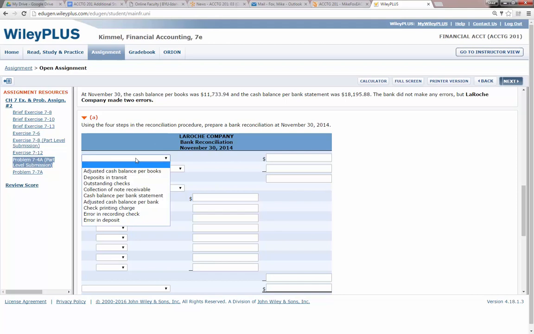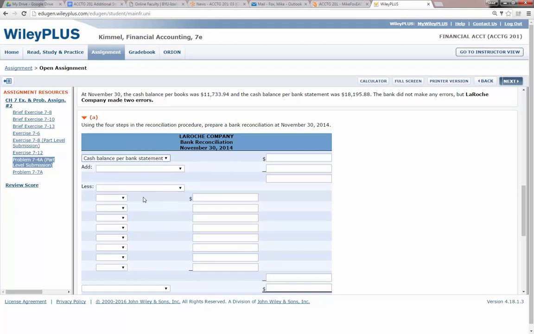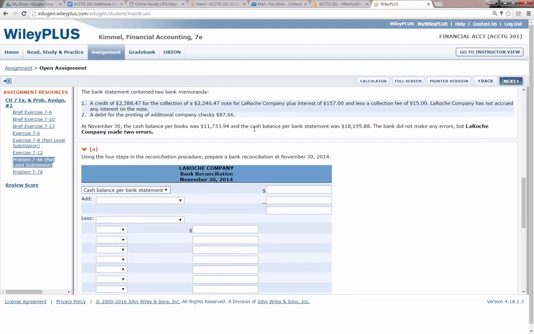So we're going to start with our cash balance per the bank statement, which was $18,195.88. And then we're going to start by adding in any outstanding checks.